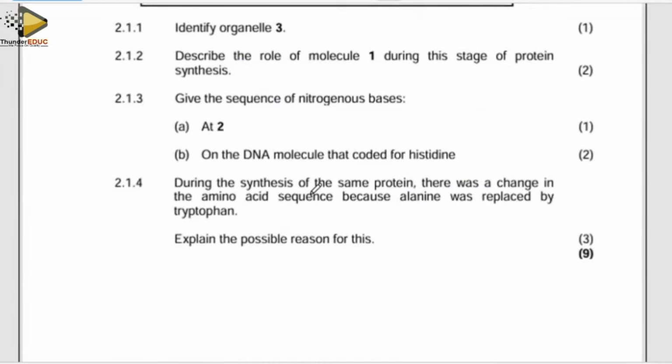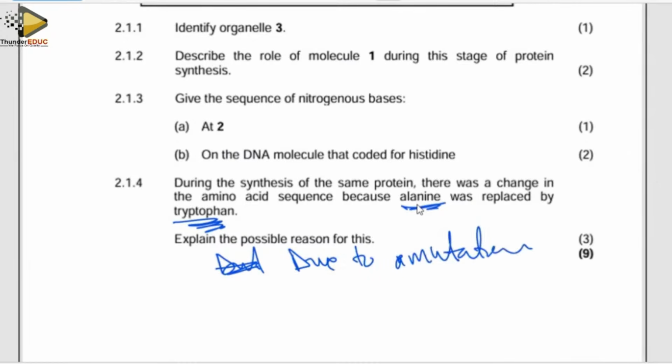During the synthesis of the same protein, there was a change in the amino acid sequence, because alanine was replaced with tryptophan. Explain the possible reason for this. If this happens, we call this a mutation. So it means that it was due to a mutation.